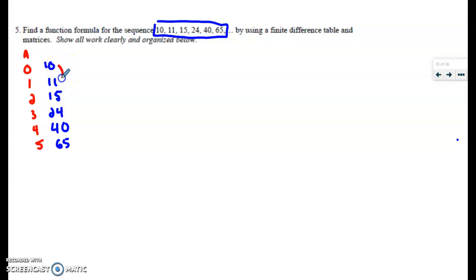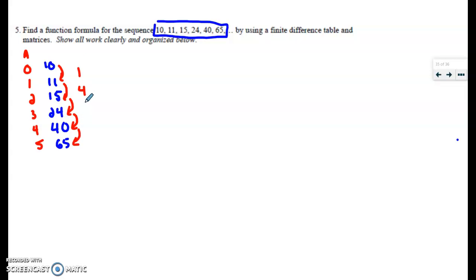So we're finding the difference between these consecutive numbers, and we're trying to see if they are the same difference. Here, we're always doing future minus past. So this one is a 1. This difference is a 4.